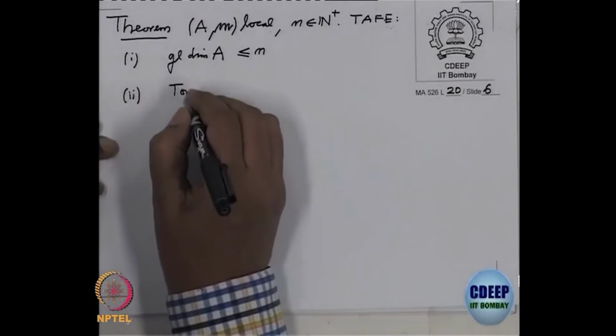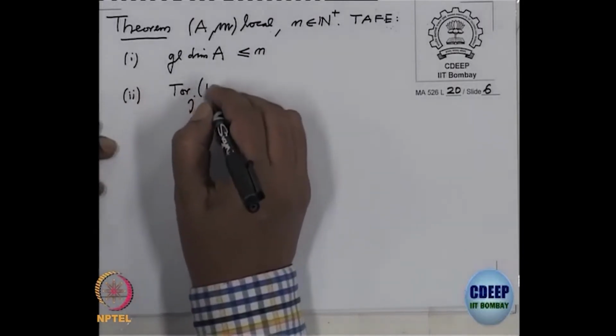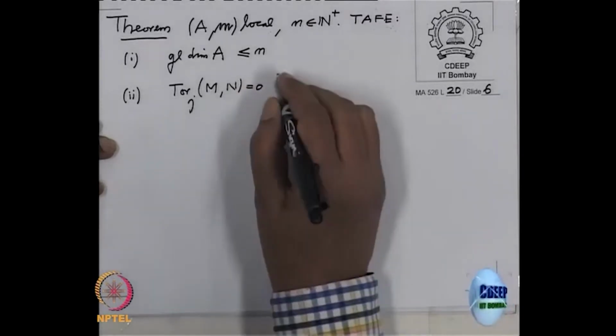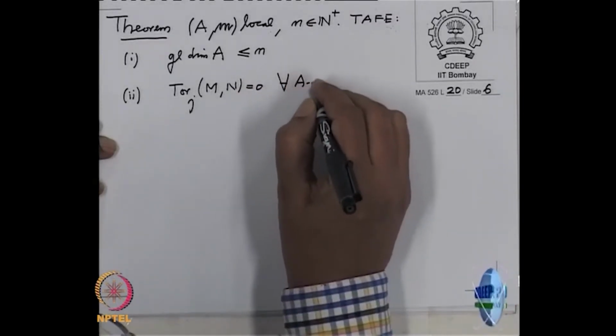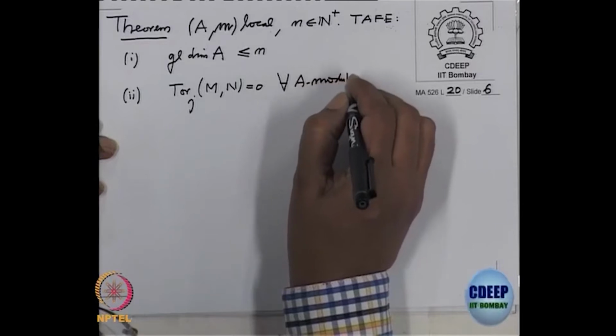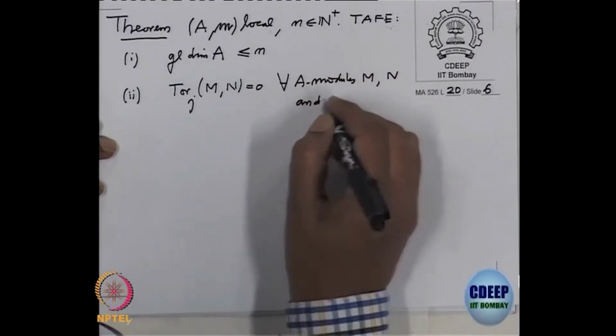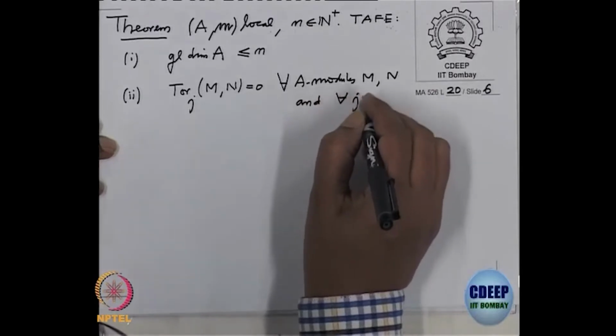Two, Tor_j(M, N) is 0 for all A-modules M and N, and for all integers j bigger than or equal to n plus 1.